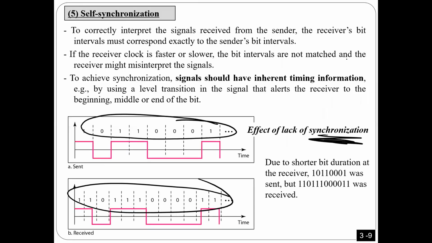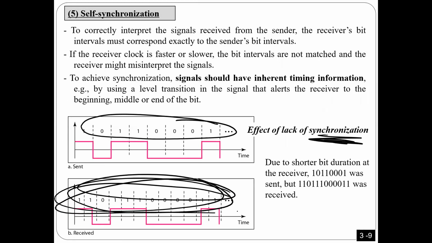Because of lack of synchronization, you are going to receive wrong data. So how can we solve this problem? The way we are going to solve this problem is, I'm going to put some information in the message I'm going to transmit to help you to synchronize with me. You got what I'm saying? So when I transmit a message, I will do my best to put something in the message that's going to help you.